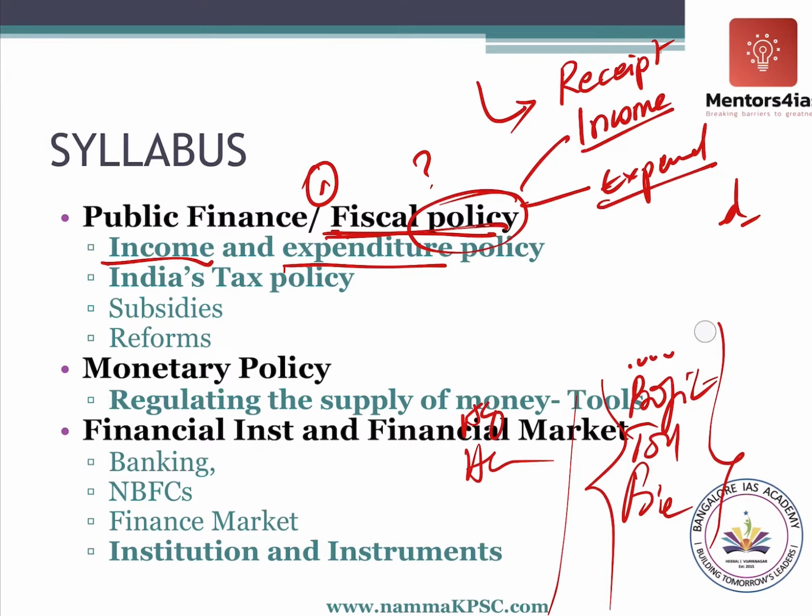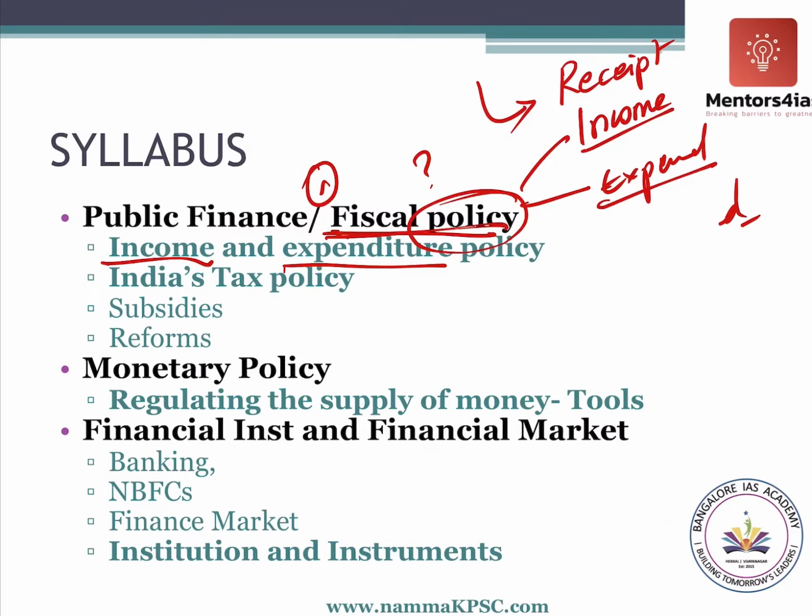So in fiscal policy, we have to understand the income side and the expenditure side of the government. One of the major incomes of the government is taxes, so a major part of our discussion in this chapter will be on tax.